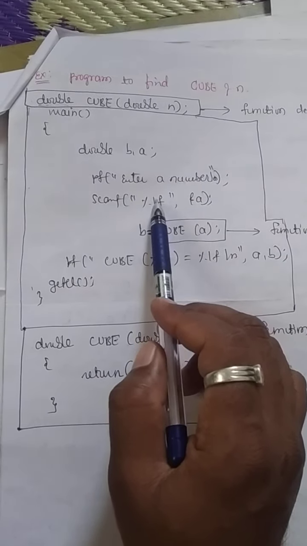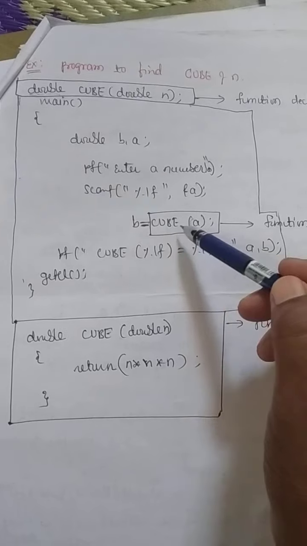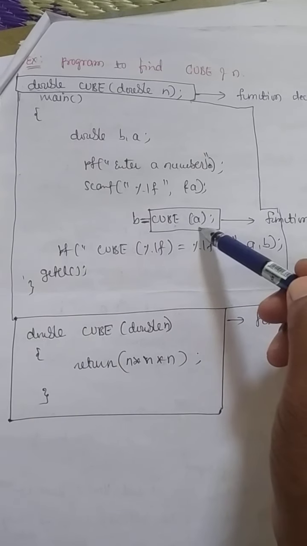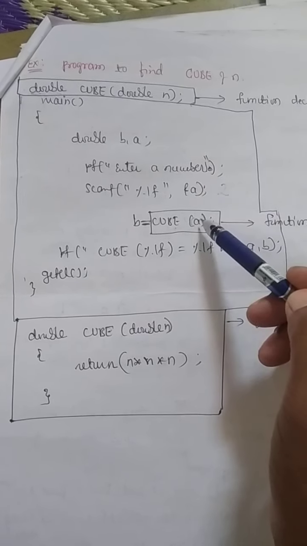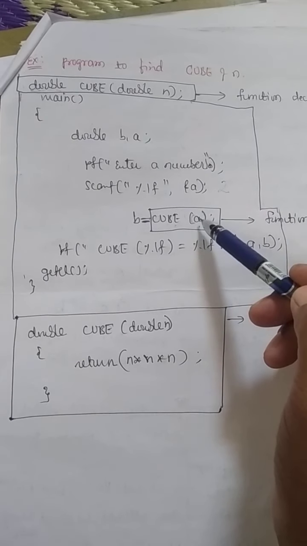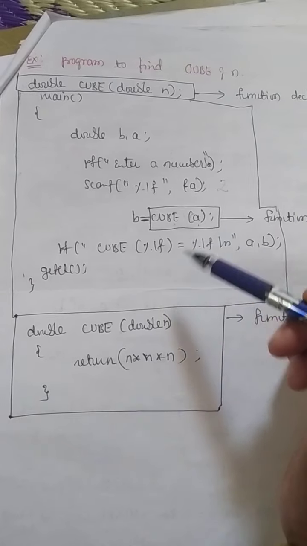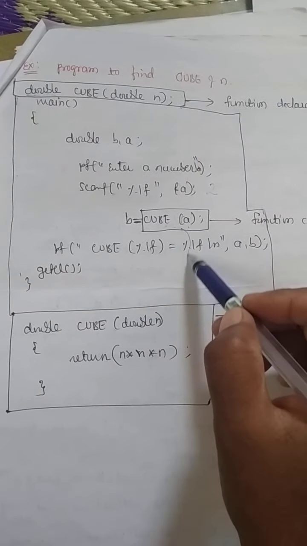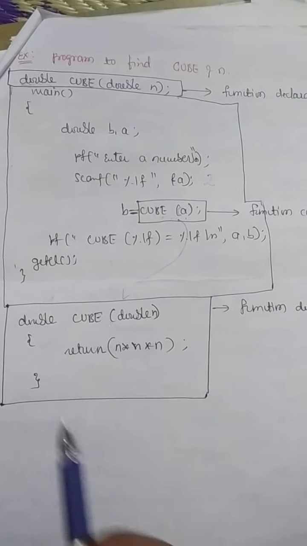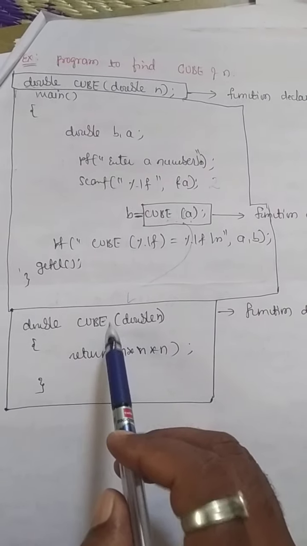That a I am going to pass using the function call cube of a. Suppose I take 2 here, I pass 2 through the variable a. When I call this function, control directly jumps to the sub function.